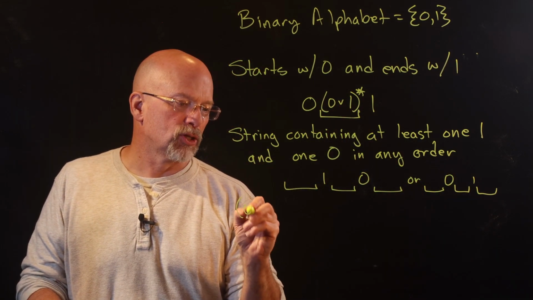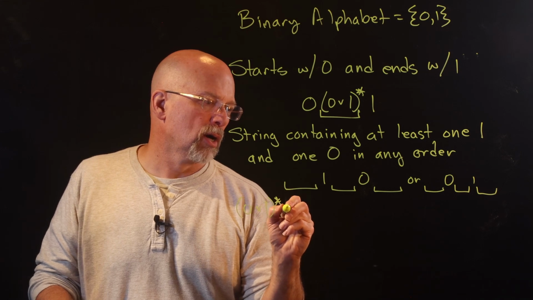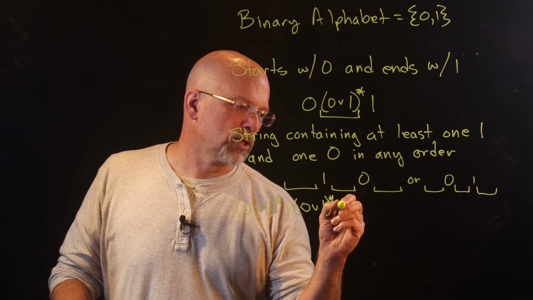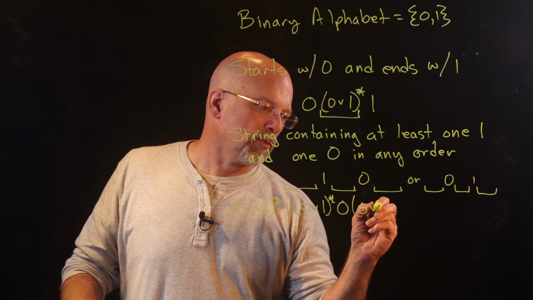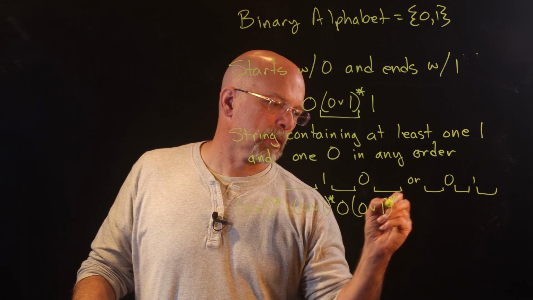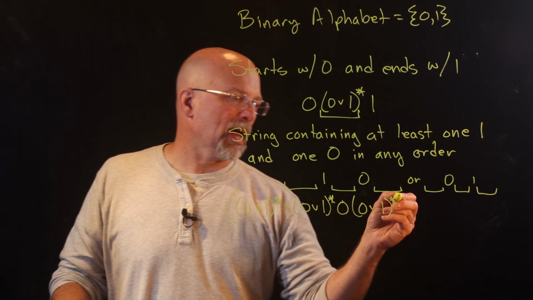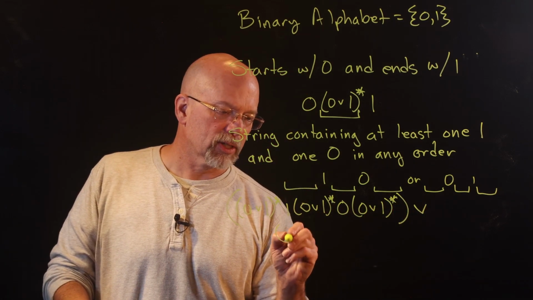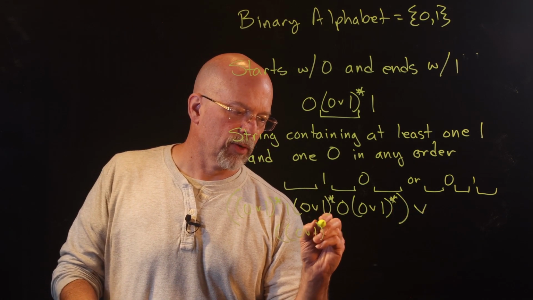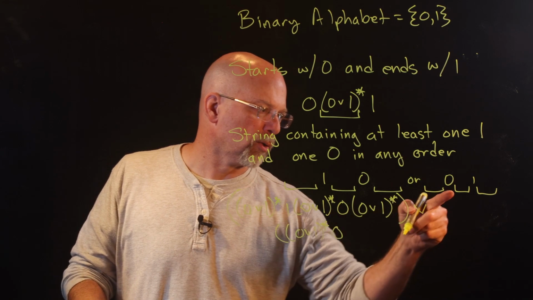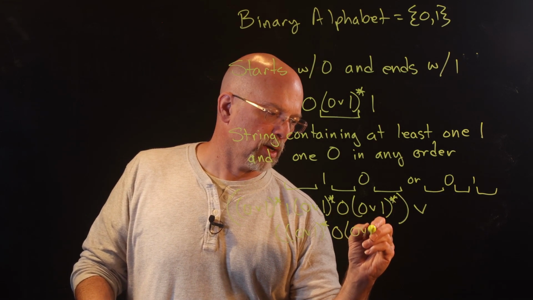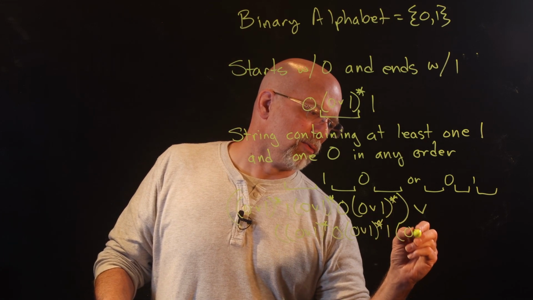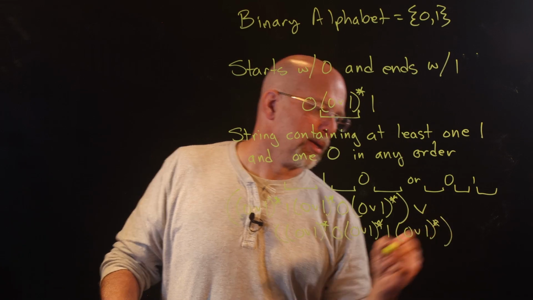You would get (0∨1)*1(0∨1)*0(0∨1)*, then put extra parentheses to group this one, and then simply say or, and do exactly the same thing, (0∨1)*, except we're going to have a 0 come first: (0∨1)*0(0∨1)*1(0∨1)*, and there you go.